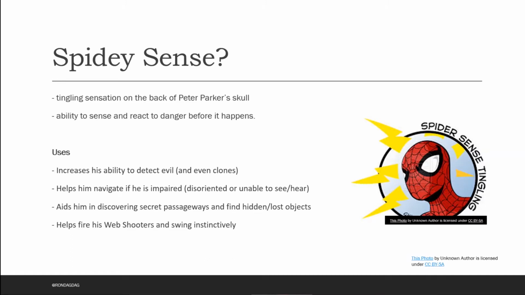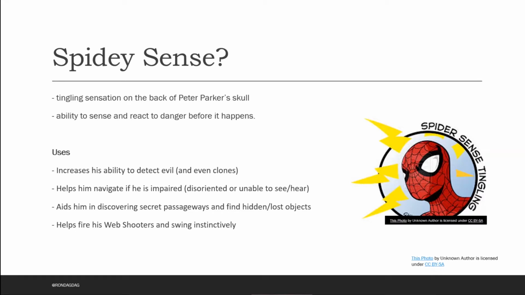All right. So what is Spidey Sense? It's a tingling sensation at the back of Peter Parker's skull that tells him if there's any danger before it happens. It's always that moment before it happens. He knows, and it gives him the ability to detect clones or evil.